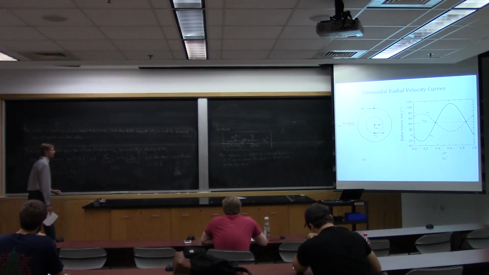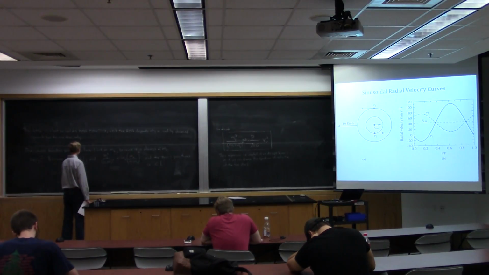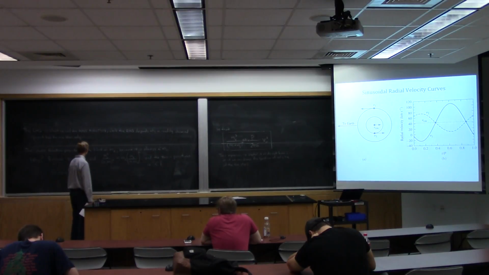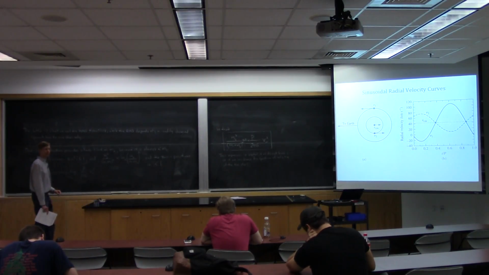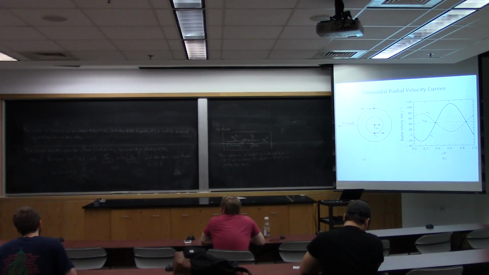So the point then is computing P over 2 pi G times v1r cubed, the amplitude of the radial velocity for the visible companion, computing that quantity gives us the smallest value that the mass of the unseen companion could have.